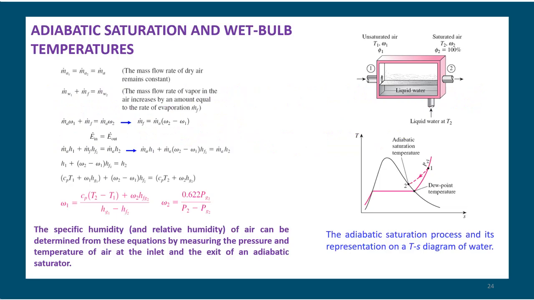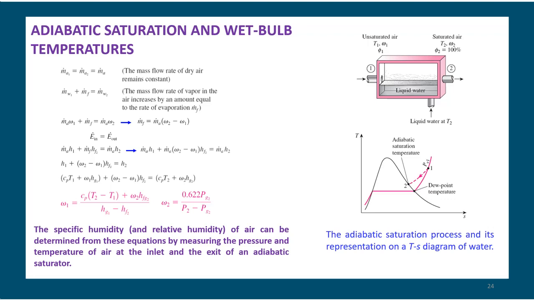So for that purpose, we are going to make use of an experimental setup like a wet bulb thermometer with a wick. Okay. If you look at this adiabatic saturation setup, you may have an isolated container where we will have water which is being kept at its wet bulb temperature.